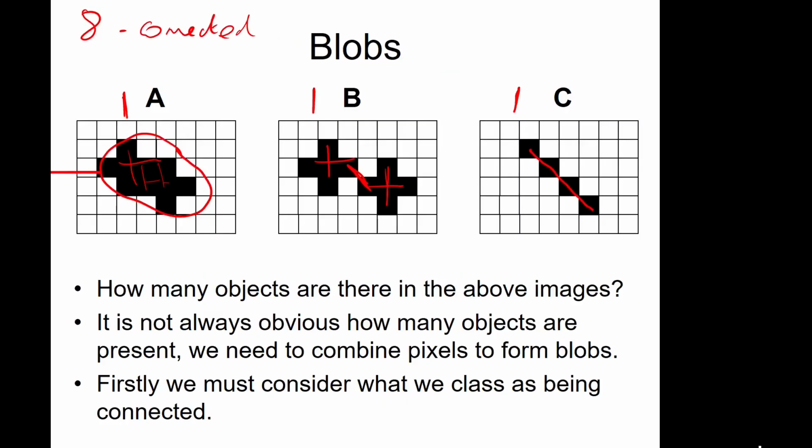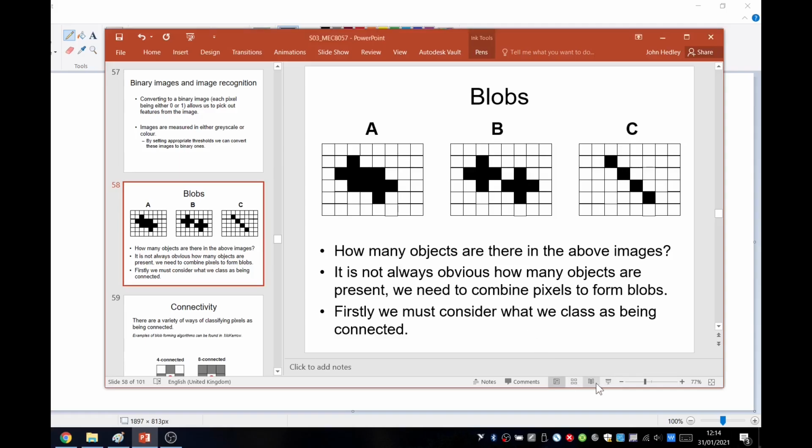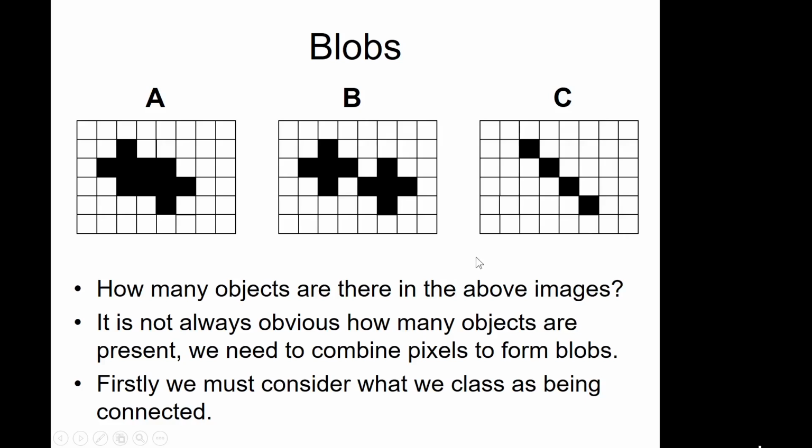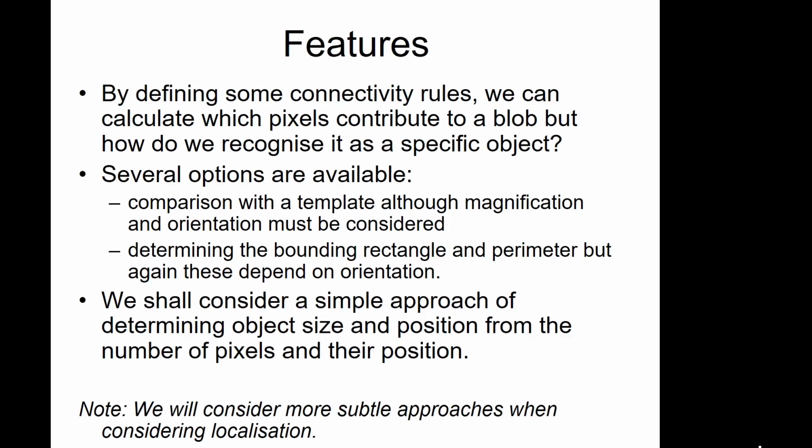So if we go back to this case, our template might look something like that. So if we see this, okay, that kind of matches, so that is identified as one object.